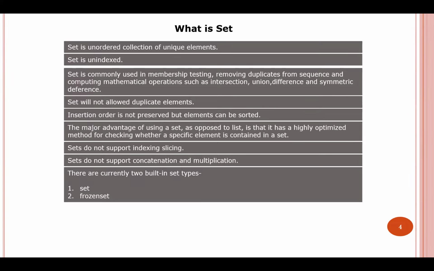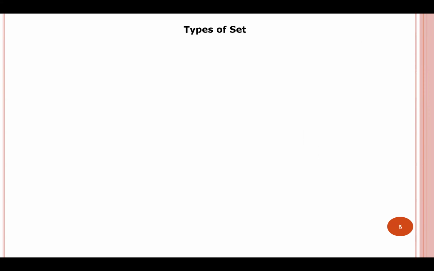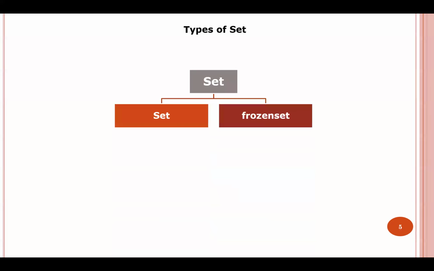There are two types of set we have. One is the normal set, which is called set, and the second one is the frozen set. As the name itself tells, what is the difference between set and frozen set?